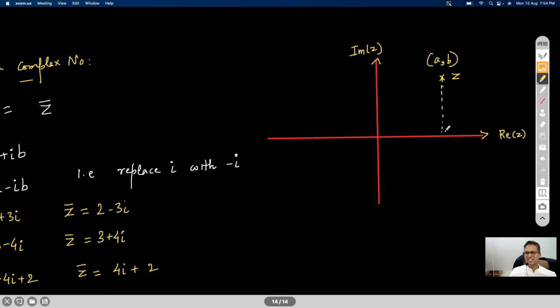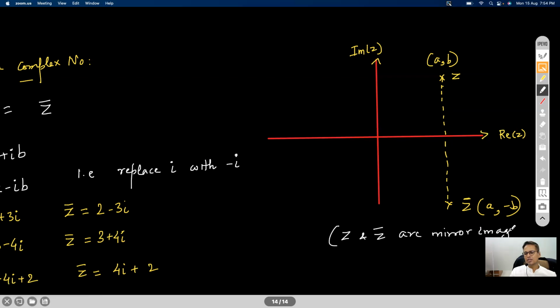Don't say X axis, it is the real axis now. Somewhere here the Z conjugate will lie. So Z and Z conjugate are mirror images of each other about the real axis.